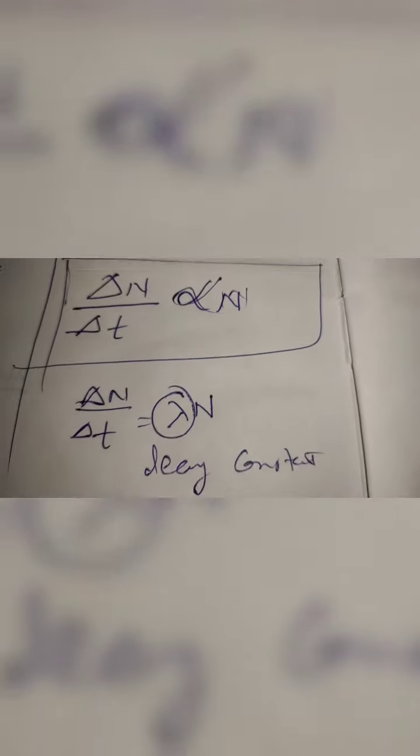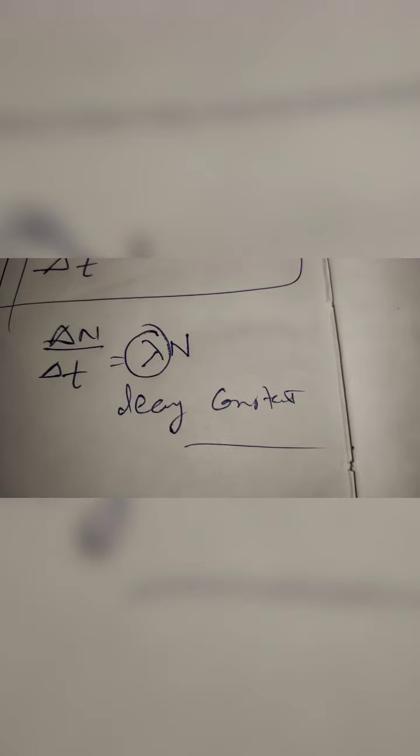N is the number of nuclei in the sample and delta N undergo decay in time delta t, then delta N by delta t is proportional to N. Delta N by delta t is equal to lambda N, where lambda is the decay constant.